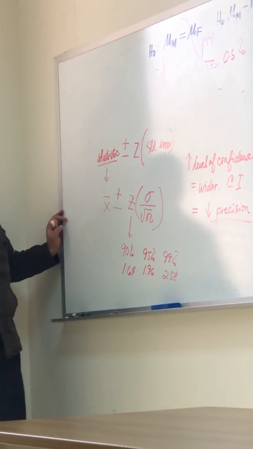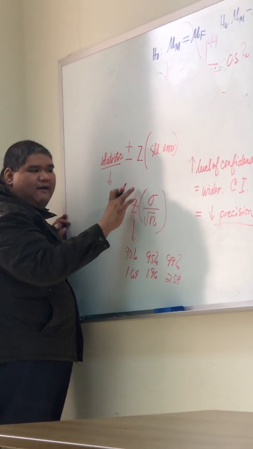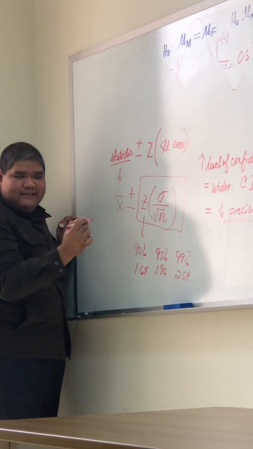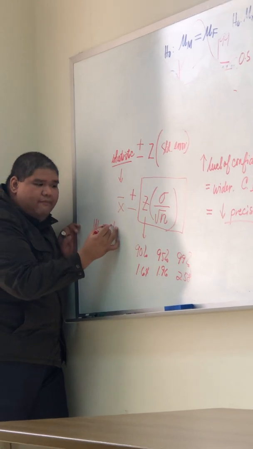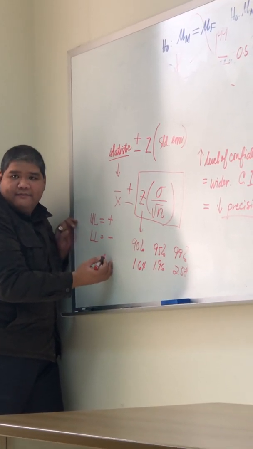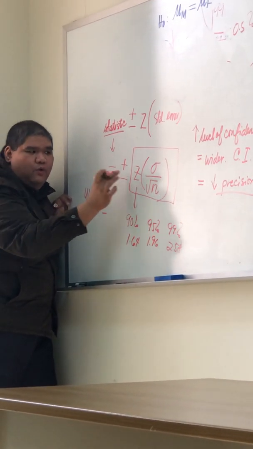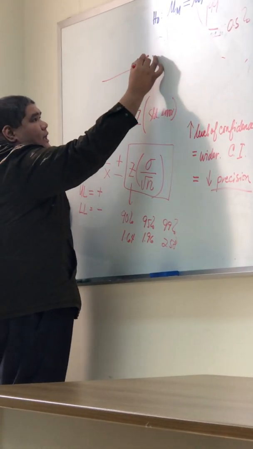Now, since we are subtracting and adding the same value, for the upper limit, you add. For the lower limit, you subtract. Since we are adding and subtracting the same amount, where do you think is x bar?